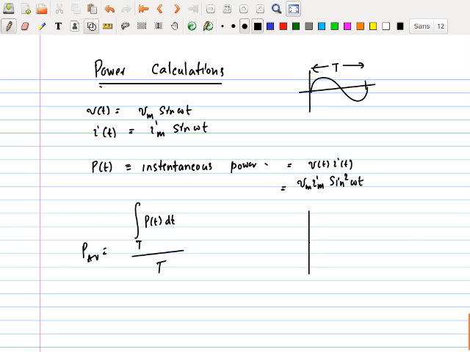Now let me ask you. If I ask you to draw t versus P(t), what would this graph look like? Can you sketch it? Now you know the graph of V, you know the graph of I, you know that P is actually a multiplication of V and I. What would it look like?